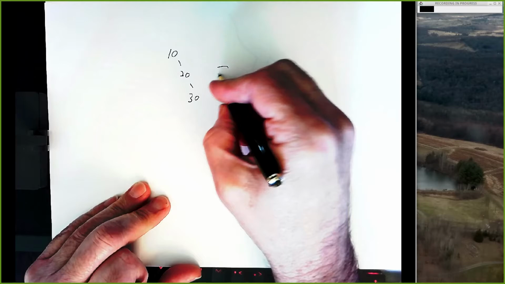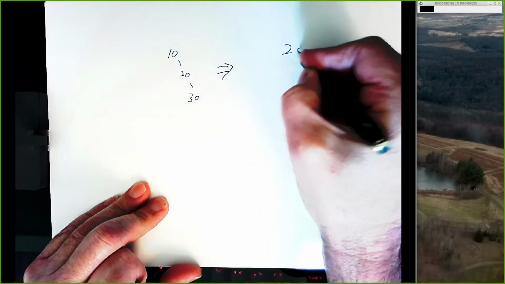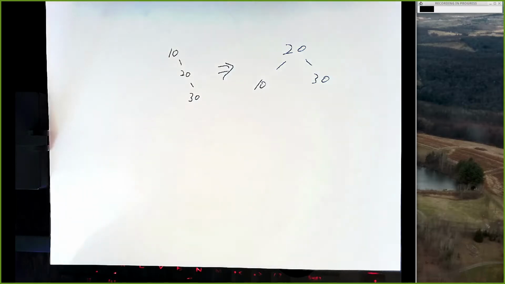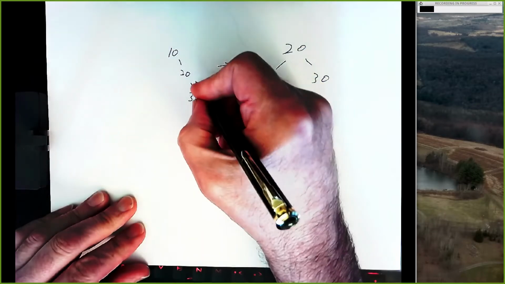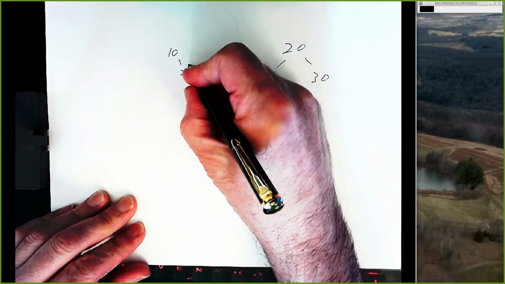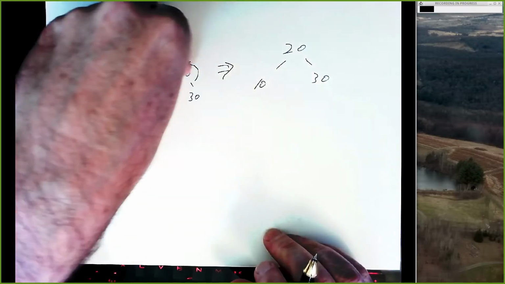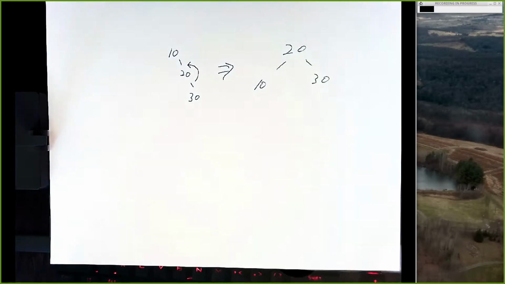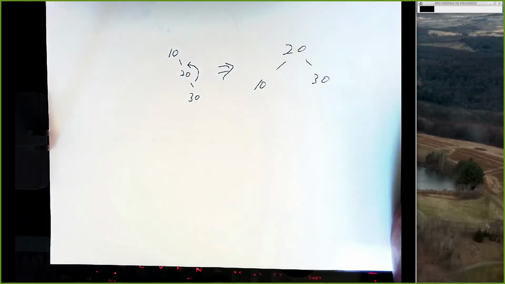So we're going to take this and change it into this. And we can visualize this as maybe rotating about the 20, taking this and going whoop, and now we've got this shape. So that's the essence of what our adjustments are going to be, these rotations.